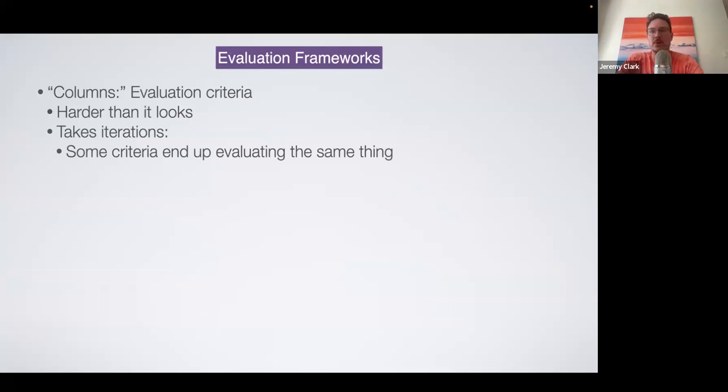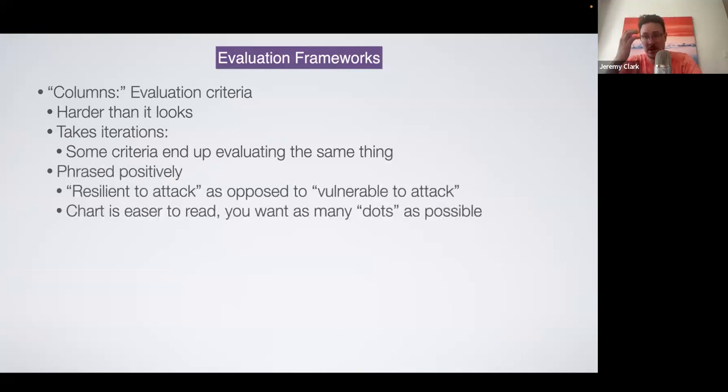So you will try some columns and then you'll evaluate it and you'll see, oh, you know what? These two columns are exactly the same. They're not really measuring different things, or this column is the exact opposite of this other column, and so I just need one column to capture it, or whatever the case may be. Or here's a column and nothing gets a dot in this column because it's empty. And so yeah, you can iterate.